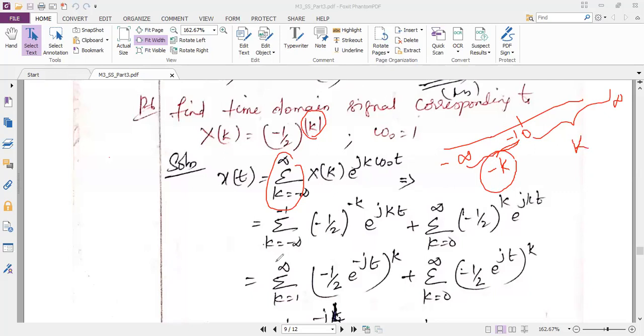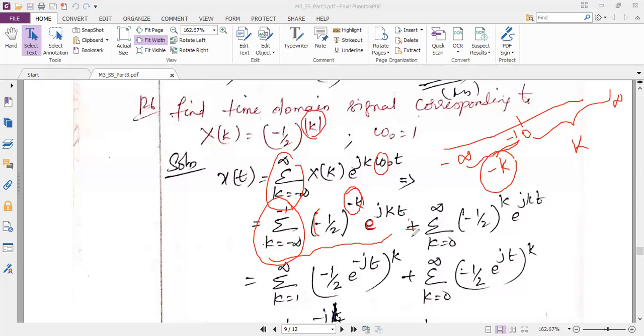Keeping that in mind, you can see I have written two summations. The first summation is from minus infinity to minus 1, minus 1 by 2 the whole power minus k. You all understood why it is minus k. Omega naught in the question is given as 1, so it is e power plus j k t.